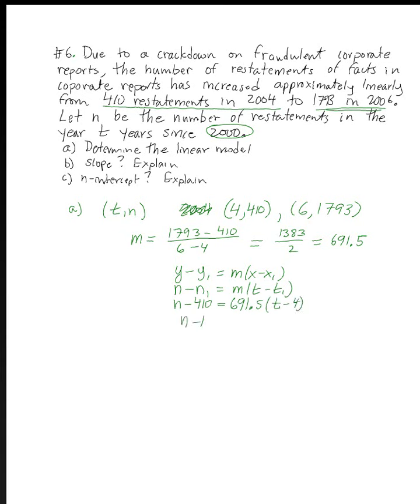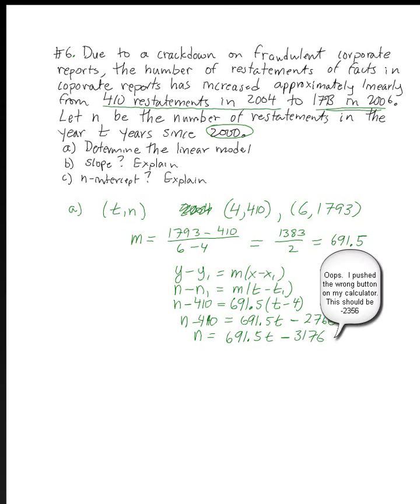So n minus 410 is 691.5 t minus 691.5 times 4 is 2766. Add the 410 over, n is 691.5 t minus 3176.